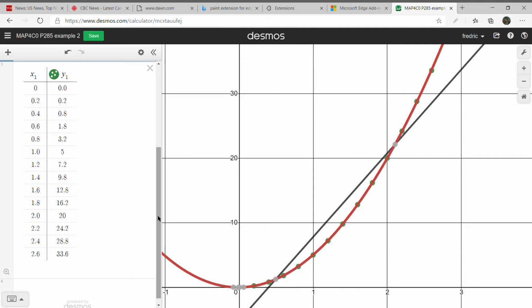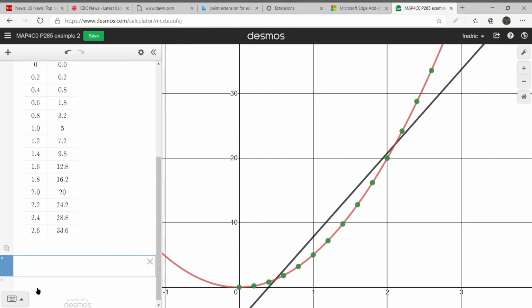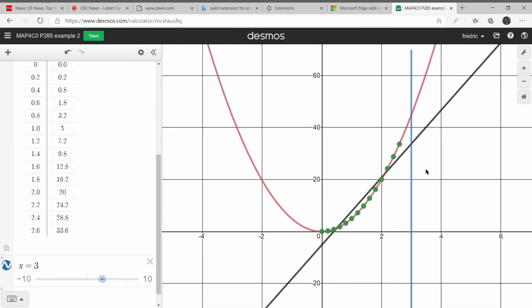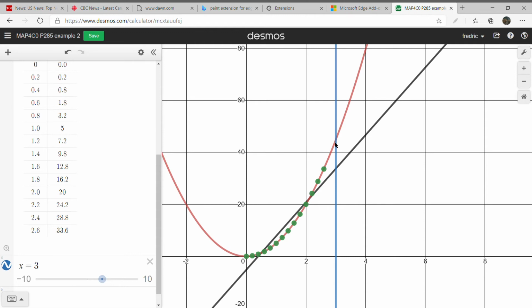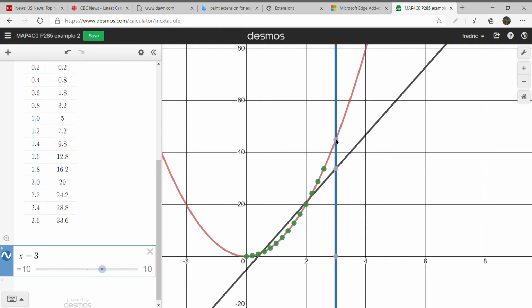To do that, we're going to plot the line x equals 3, which is a straight line, and you notice the line meets the parabola about there.